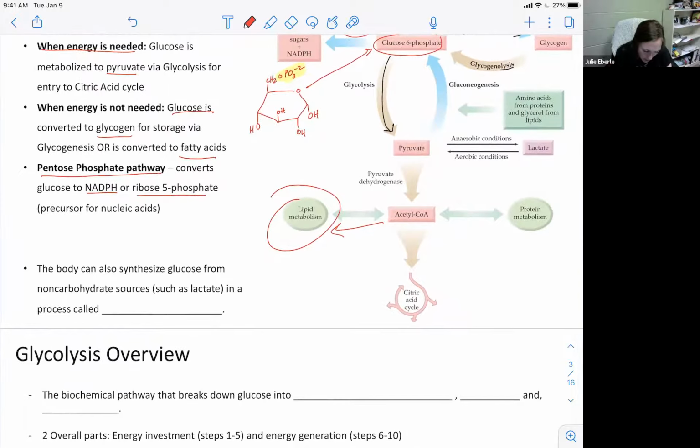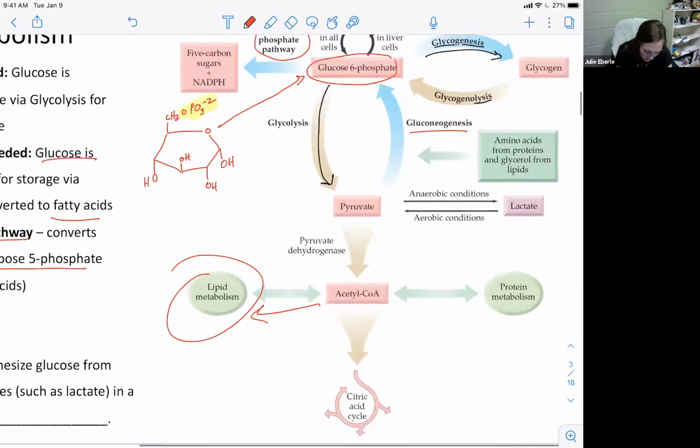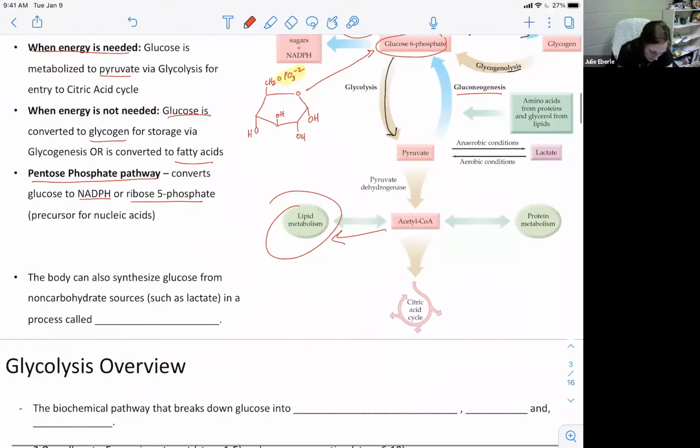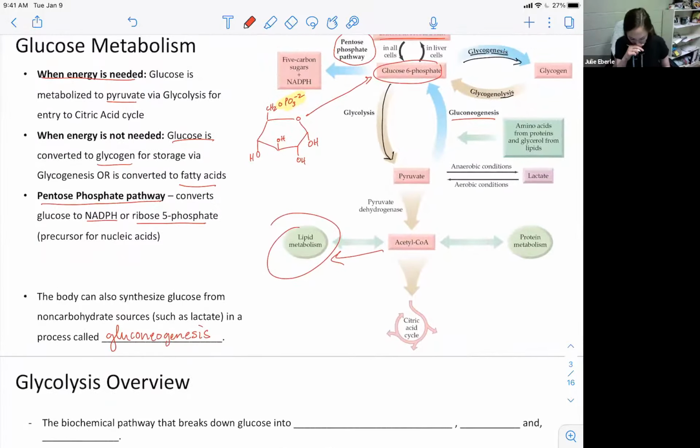In a process called, this is the hard word, gluconeogenesis. It's that one right there, the blue arrow. So genesis, the creation of glucose. So that's where we can take lactate, pyruvate, and we can recycle and make more glucose if needed, okay?